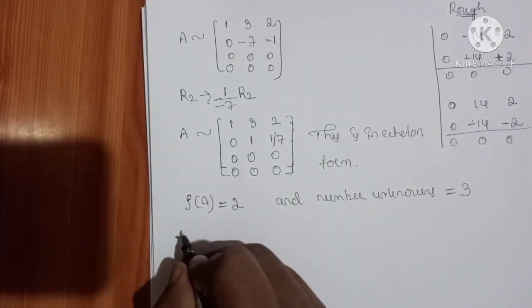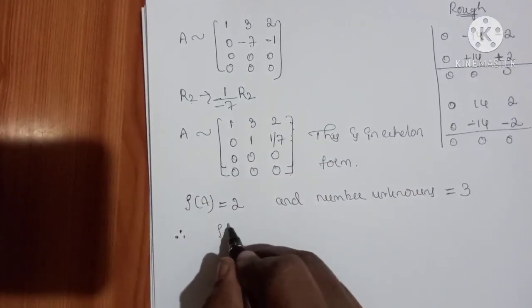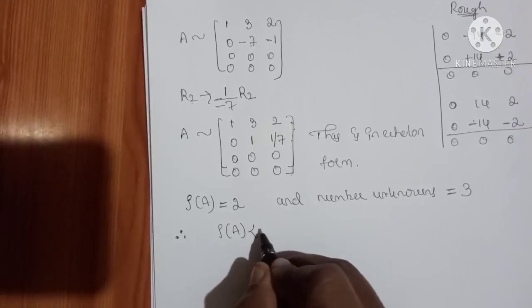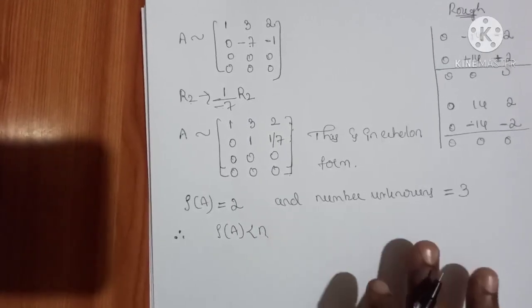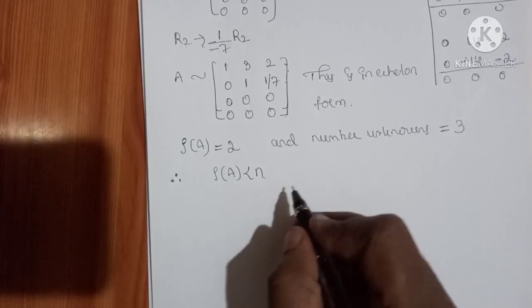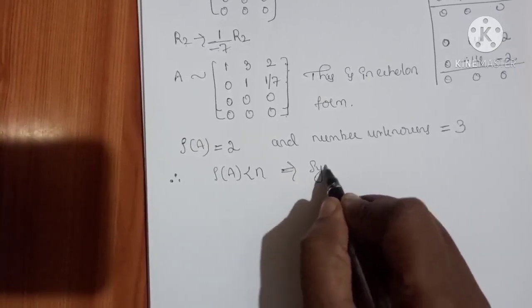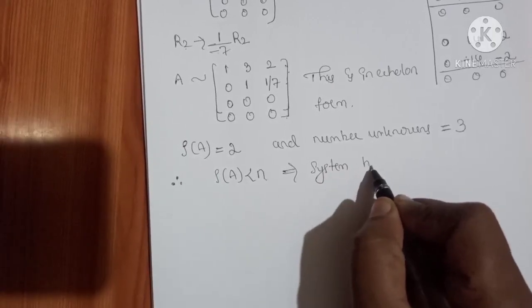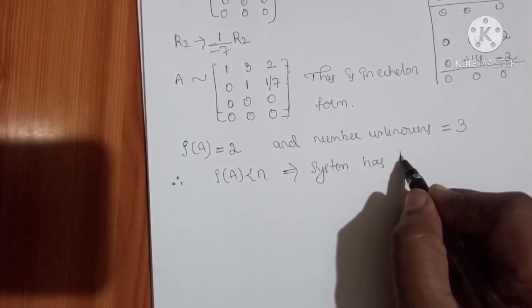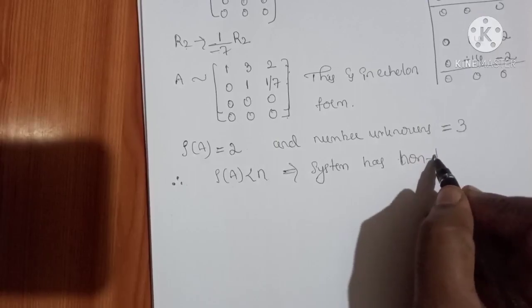Therefore here rank of A is less than n, that is number of unknowns. Therefore it implies that system has non-trivial solution.